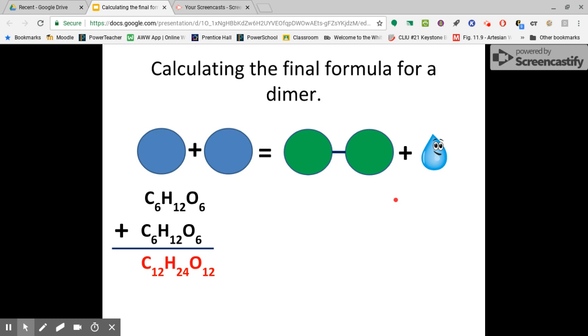So we still need to subtract that molecule of water. The formula for water is H2O. And after we subtract that out, the final formula for sucrose is C12H22O11. And of course, one of the other products is one molecule of water.